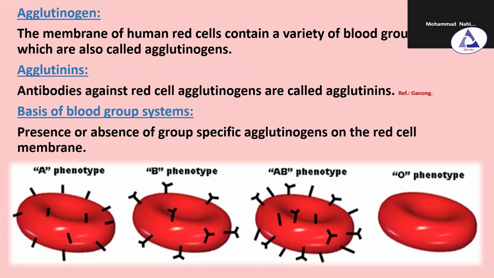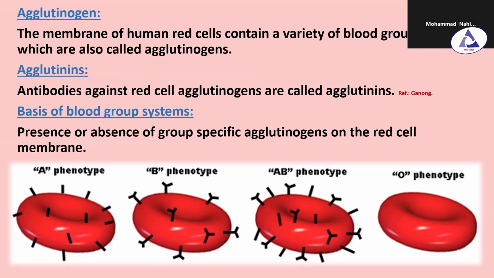Remember, we have learned earlier in general physiology that all the cells of our body are covered by a cell membrane. The composition of the cell membrane includes carbohydrate, protein, and fat, and these carbohydrates constitute the agglutinogen.